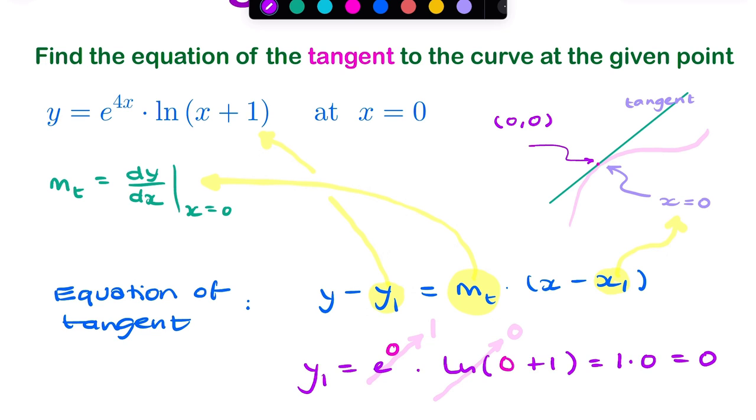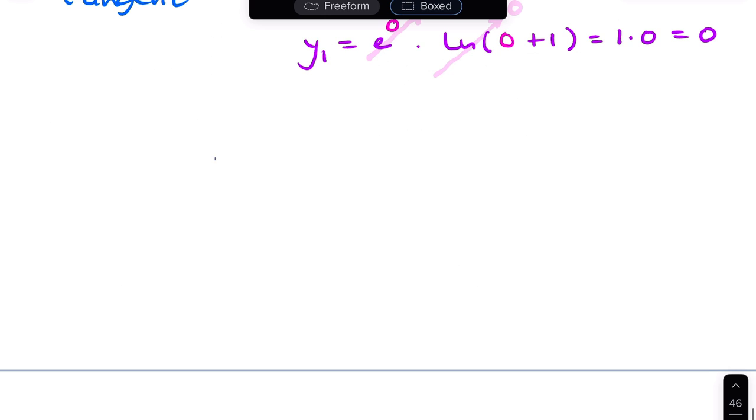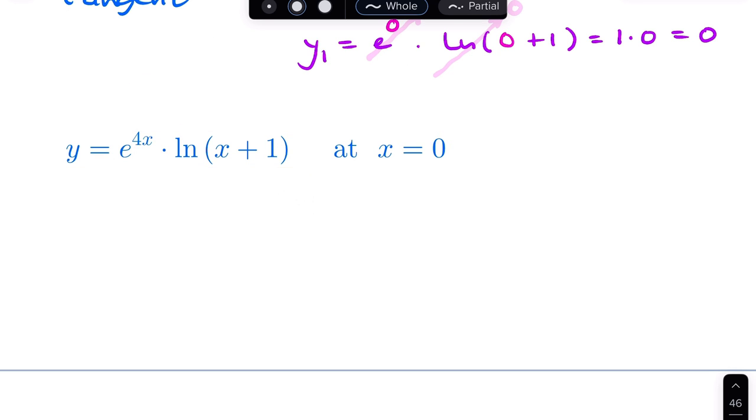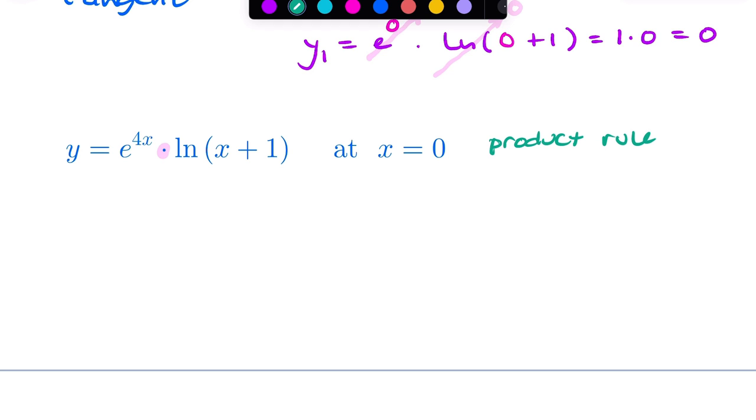Okay, so the next step is to find dy by dx. So let's try differentiating this function of x. Here it looks like we have two functions that are multiplied together. Whenever you have a product, you're going to need the product rule. I'll remind you that the product rule is: when you have y equals u times v, then the derivative of y is u dash v plus u v dash.